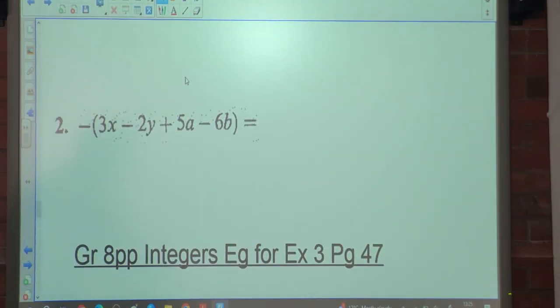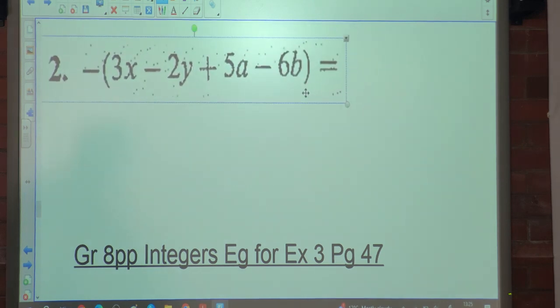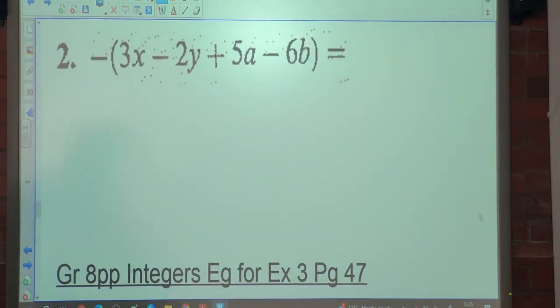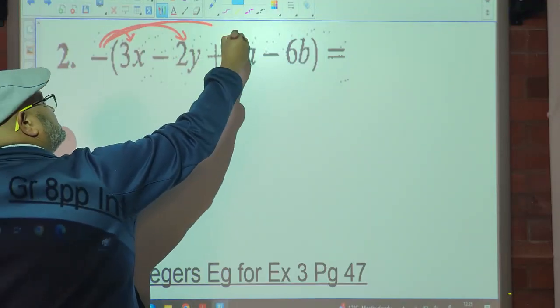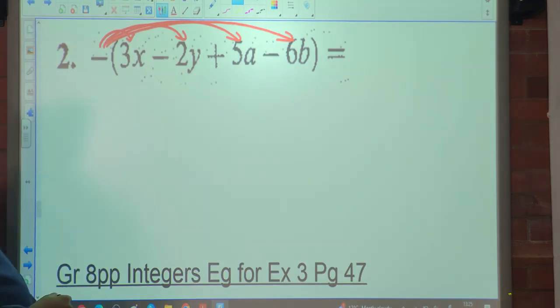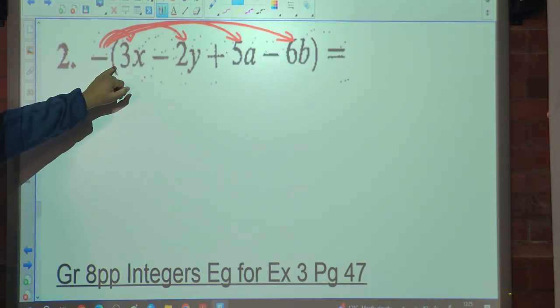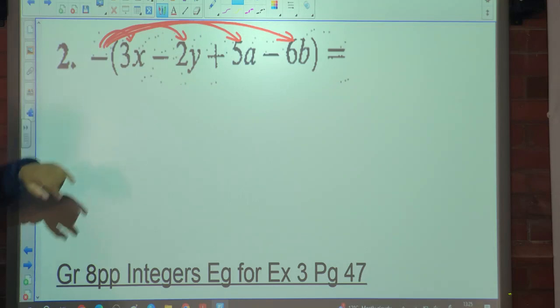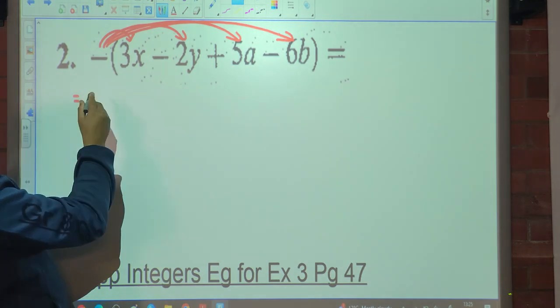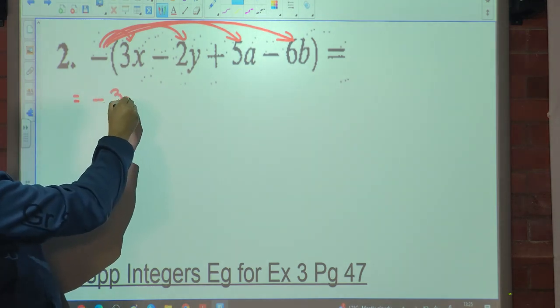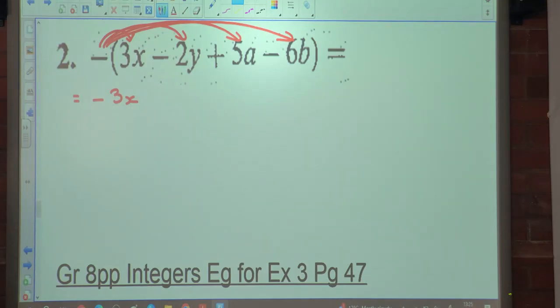Let's look at number 2. So here we got negative into 3x minus 2y plus 5a minus 6b. So what needs to be done here? Multiply to get rid of the bracket. If there's no number here, then what is it? A 1. Can you see that? So in other words, it's negative 1 times 3x. What's negative 1 times 3x? Negative 3x.